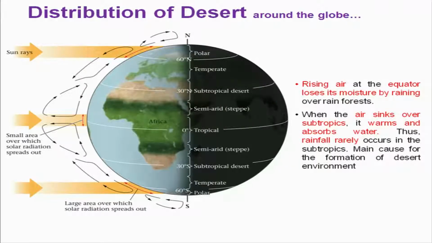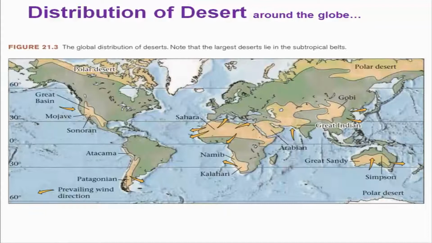So these two are the main reasons for the formation of the deserts in subtropical areas, mainly in the northern as well as southern hemisphere. These are the major deserts or the distribution of desert around the globe. The extensive one shown here is the Sahara Desert, and on the northern side you have the polar desert and so on.